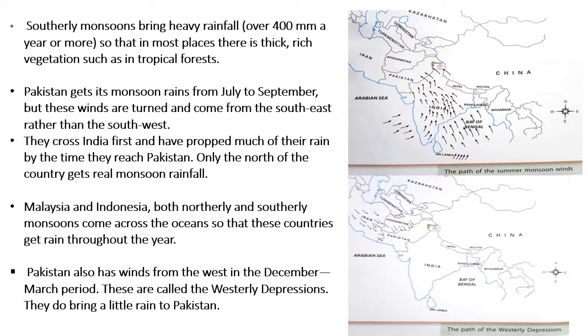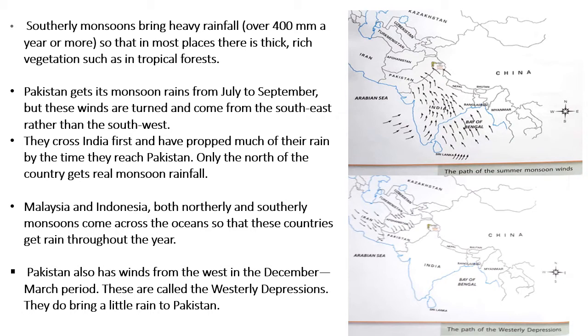The reason why we have little rainfall, not as much as in India and the Bay of Bengal, is that the winds we have in summer come from the southeast, means from the Bay of Bengal and India, and on their way the moisture contained by the winds is dropped in the areas of India and Bengal. When it reaches Pakistan, the moisture becomes very little. That is why we have very little rainfall.